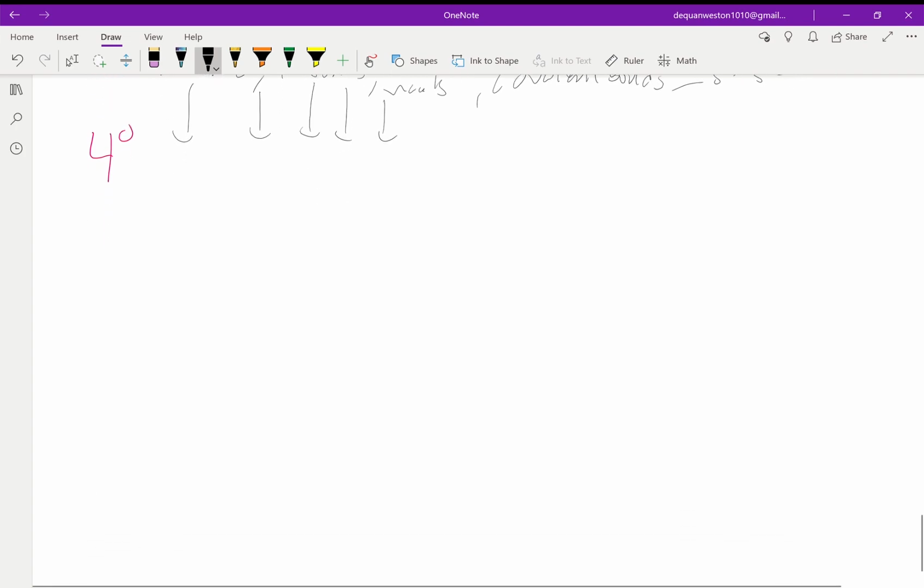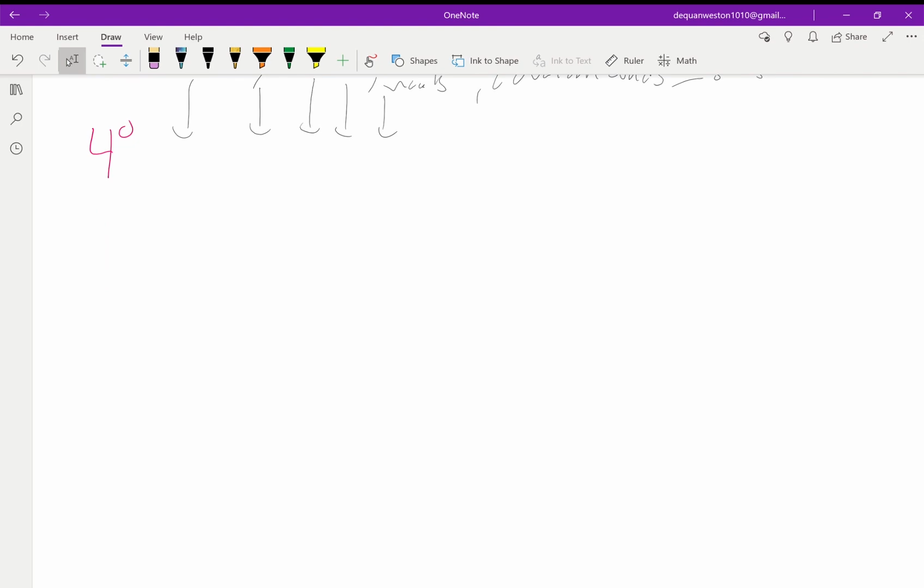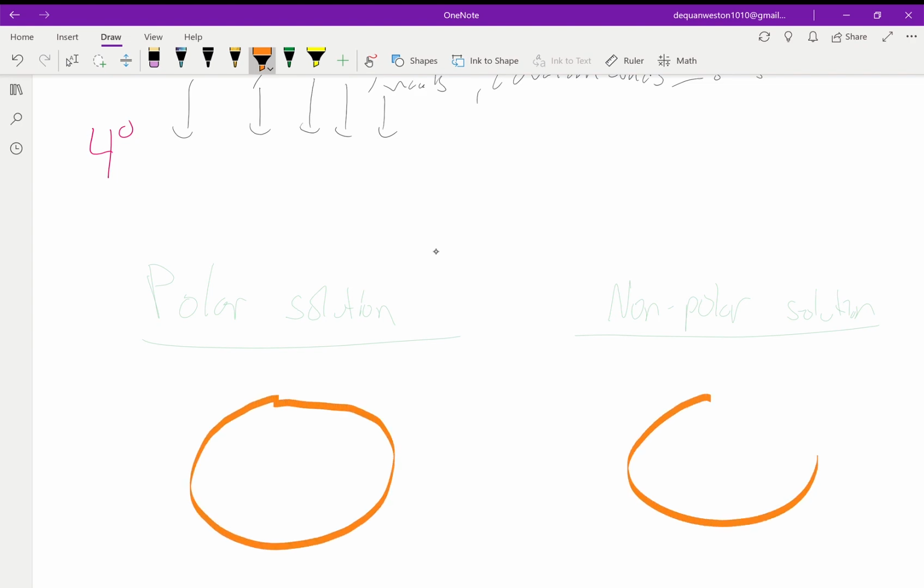So next we're going to talk about amino acids and where you would find them. We have this polar solution and this non-polar solution. And these are our proteins.